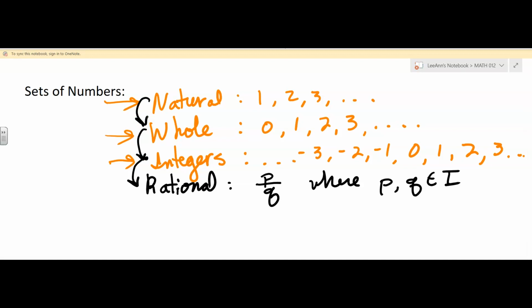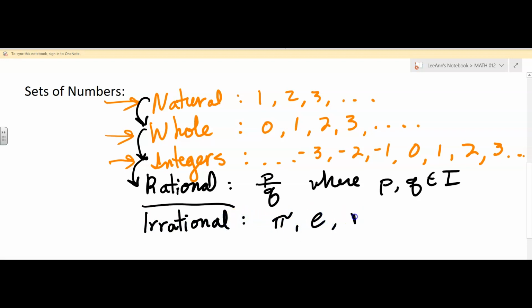But then we draw the line here where we have irrational numbers. Irrational numbers are like pi, e, square root of 7, square root of 2, and we can't list them. These are just examples, but those are numbers that go on and they don't repeat.